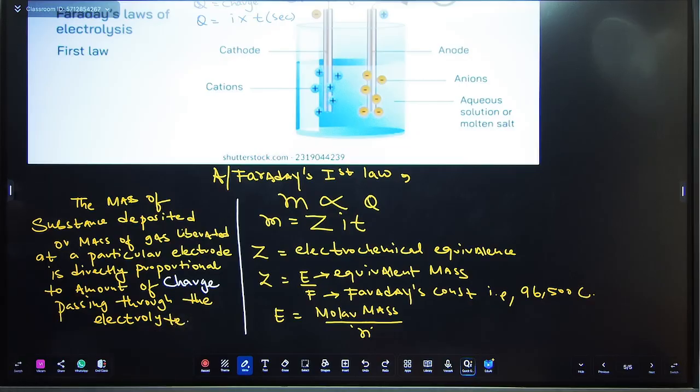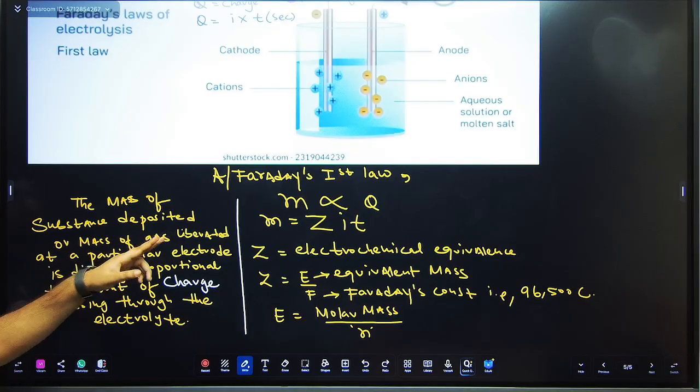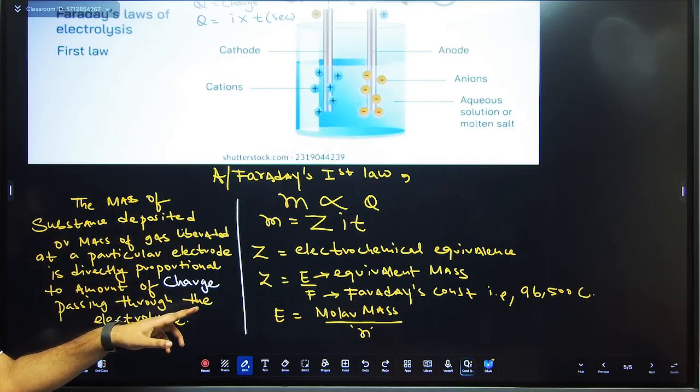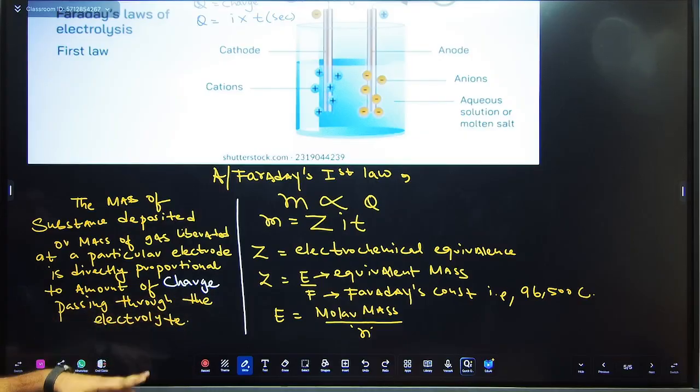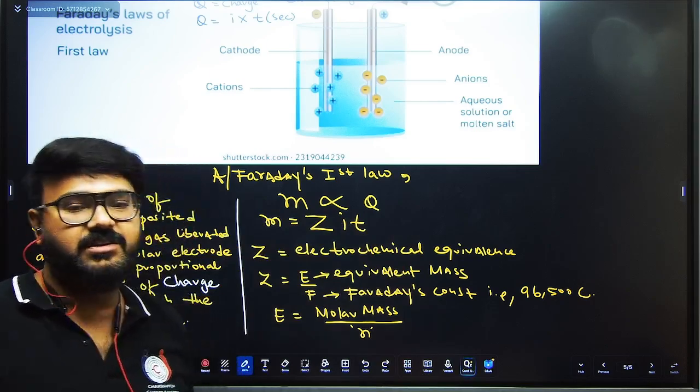Guys, all of you read the statement. This statement they'll ask you in the exam. It says the mass of substance deposited or mass of gas liberated at any electrode is directly proportional to the amount of charge passing through the electrolyte. That's why M is directly proportional to Q, where Q is the charge.